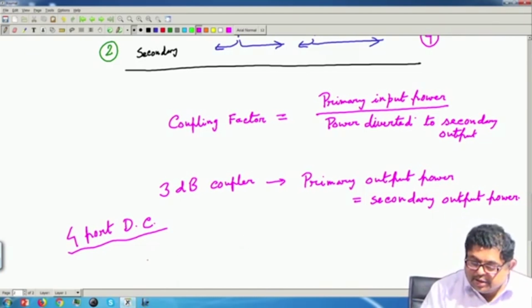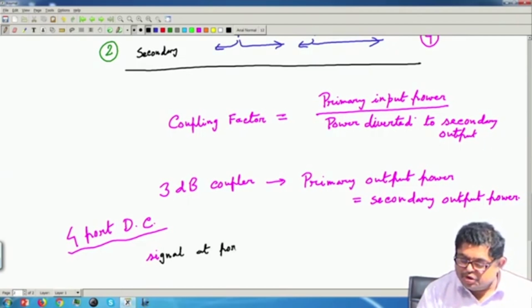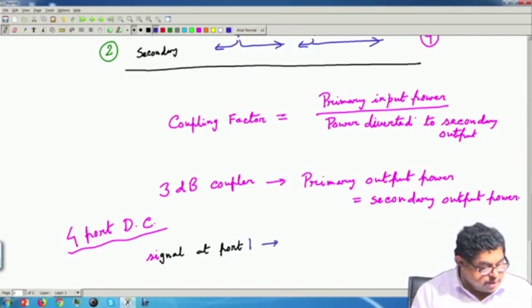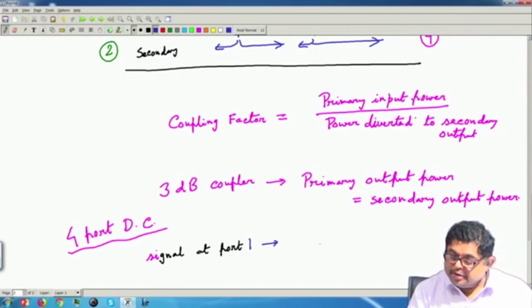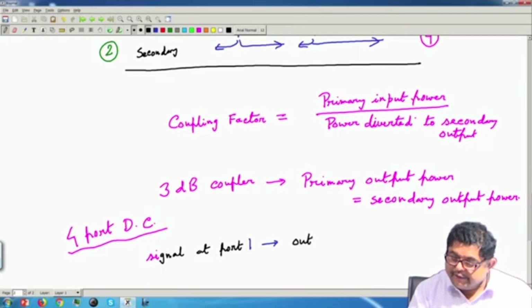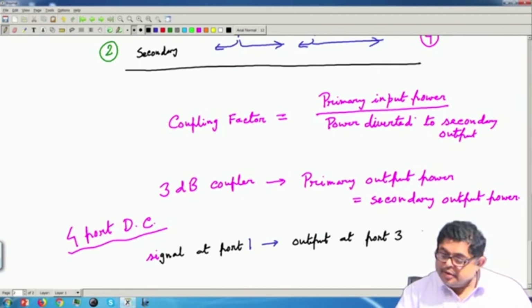Now, signal at port 1. Suppose I have given the signal at port 1. So, what I will get? I will get output at port 3.